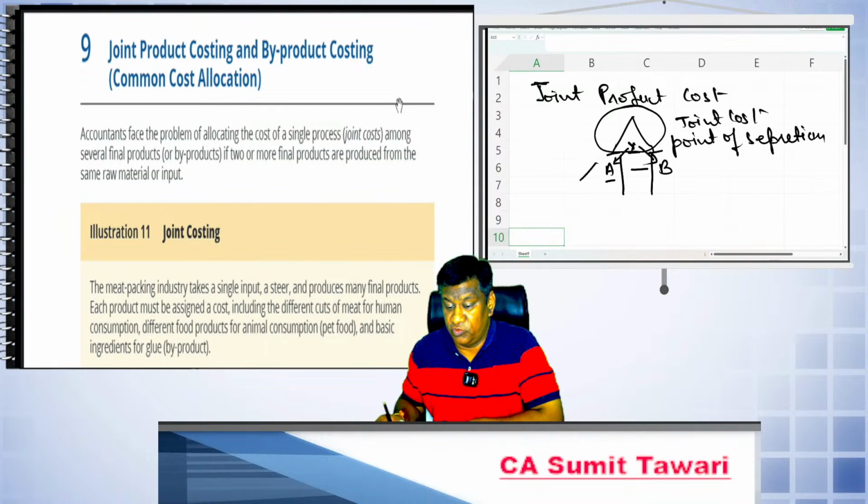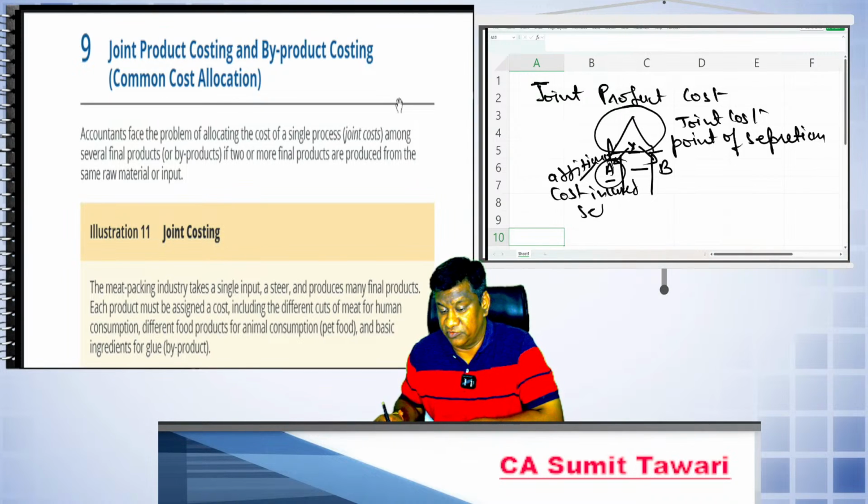And the additional cost incurred for manufacturing product A is a separation cost. And for manufacturing product B, this is again the separation cost.